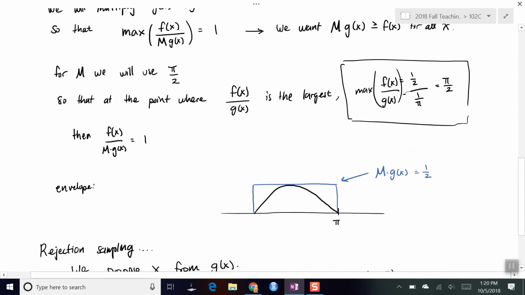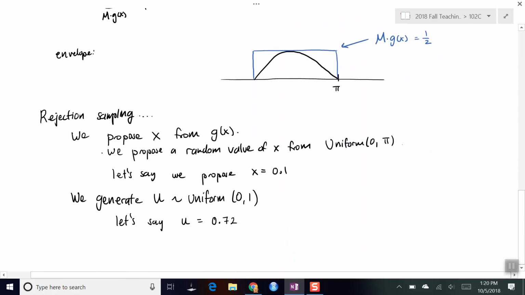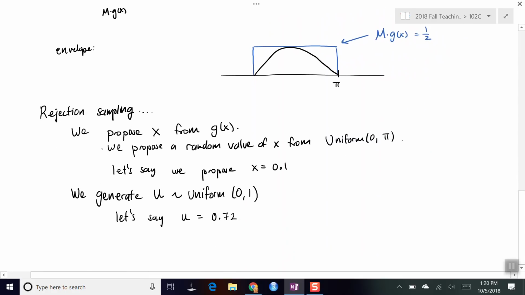Did a bunch of my writing just disappear? Okay, so here we go. So this kind of represents, just imagine we're scaling this so that the bottom is at 0 and the top is at 1.